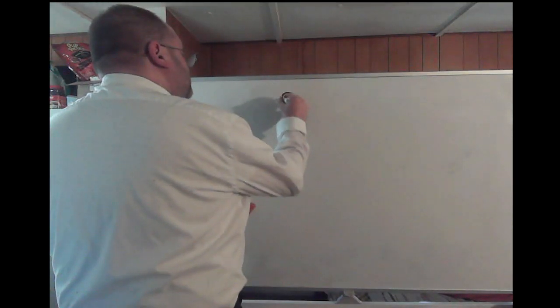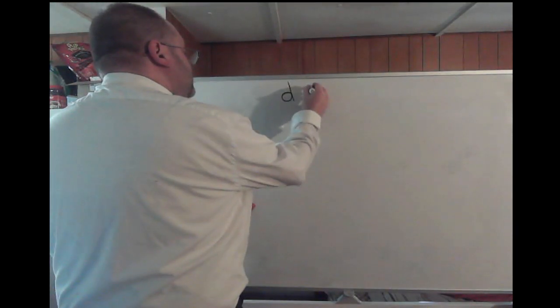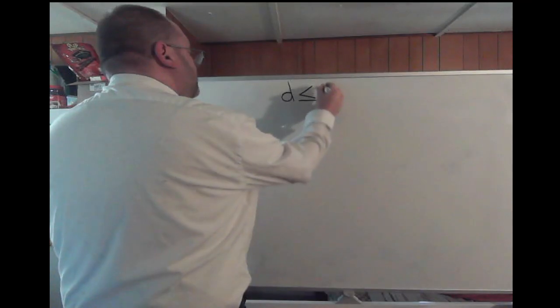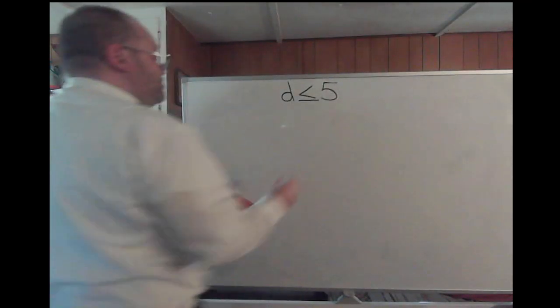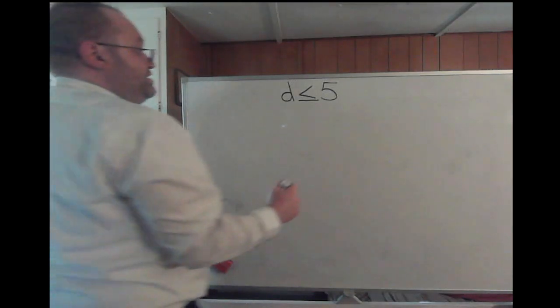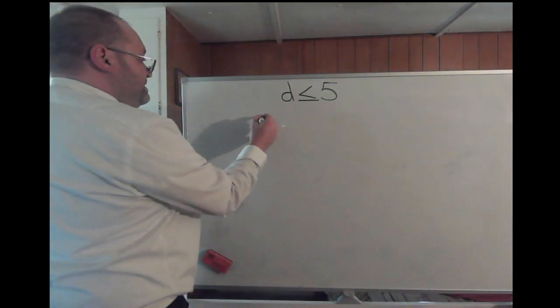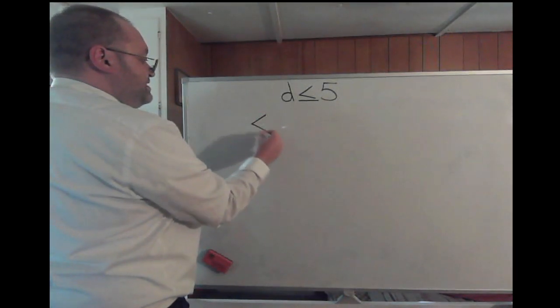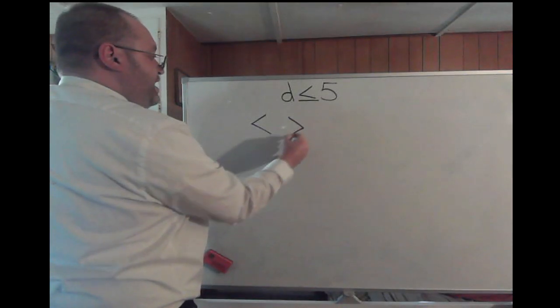What's next? Now this is interesting. D is less than or equal to 5. If you haven't seen the symbols, of course everyone probably knows this is less than, and everybody knows this is greater than.